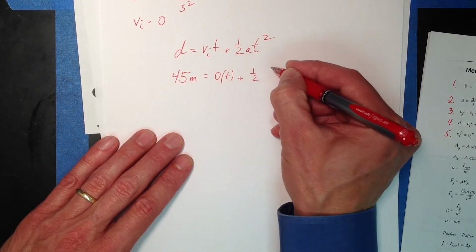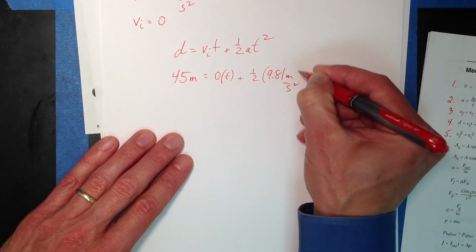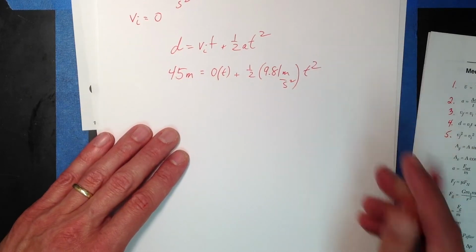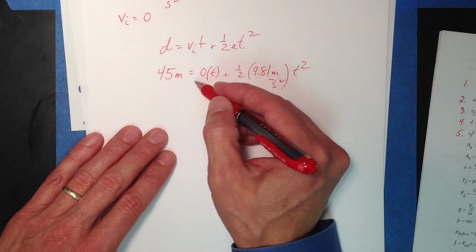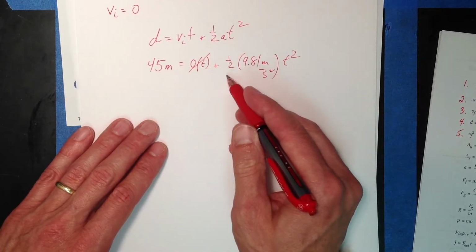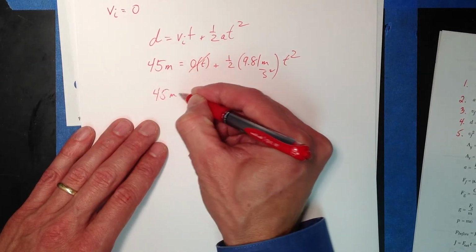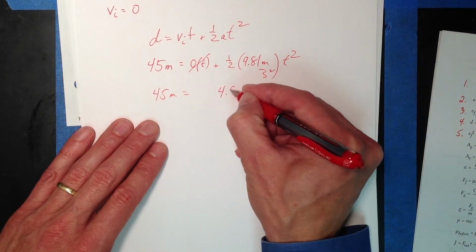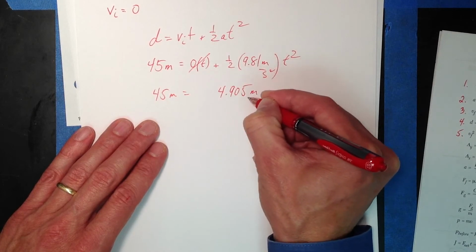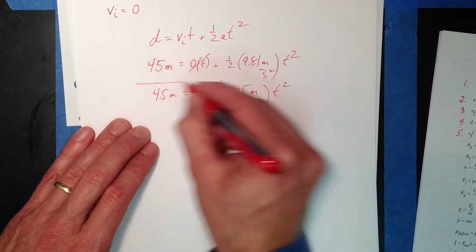This is 1/2 acceleration, 9.81 meters per second squared, times t squared. Now, this is going to drop out. T times 0 is just 0, so that's nice. 1/2 of that: 45 meters equals 4.905 meters per second squared times t squared.